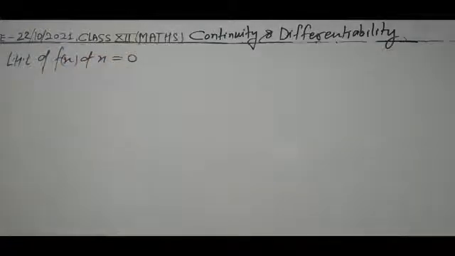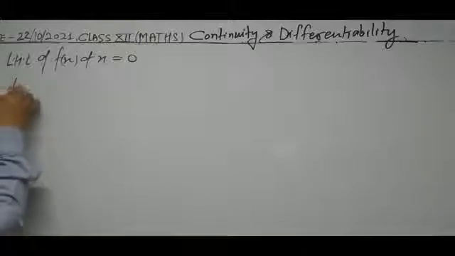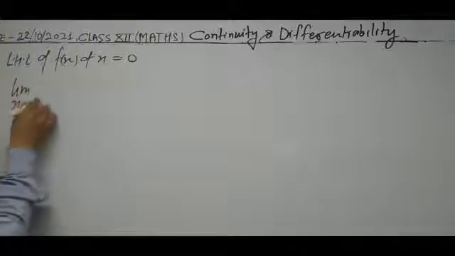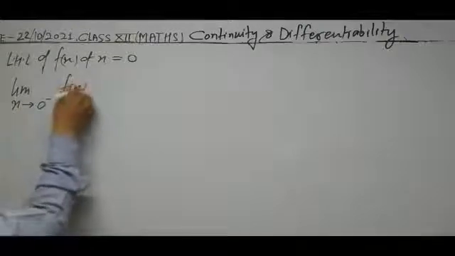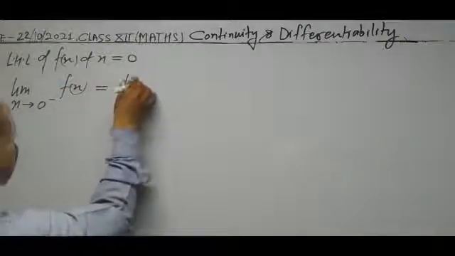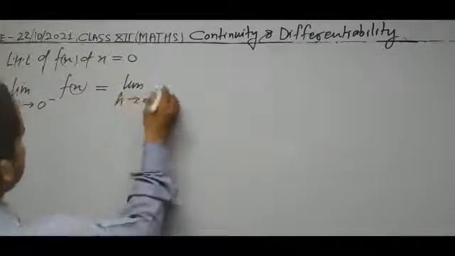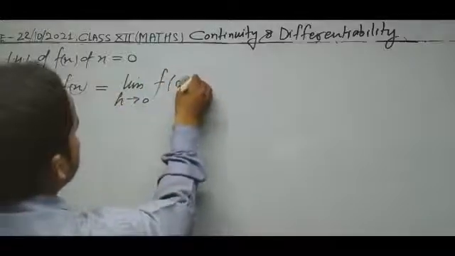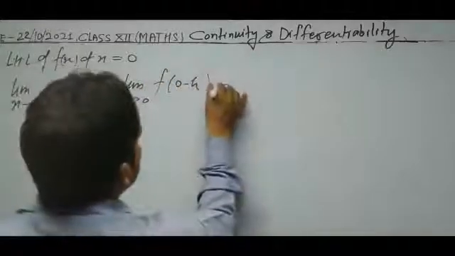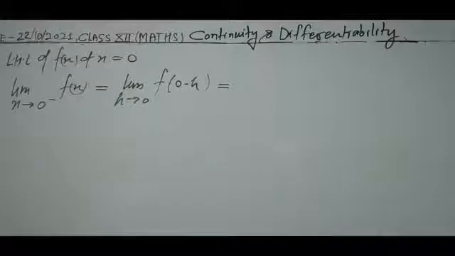So what can we write? Limit x tends to 0 minus f(x) is equal to limit h tends to 0 of f(0 - h).